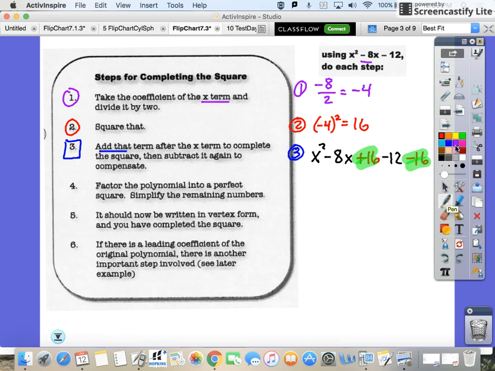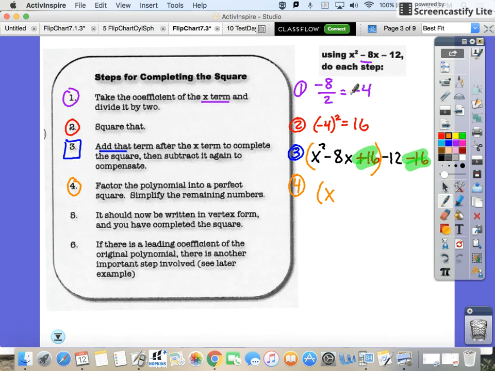So then step 4 is to factor the polynomial into a perfect square. So what we do here, and this is actually kind of cool, we want two numbers that multiply to 16 and add to -8. It will always be x and then whatever came here.